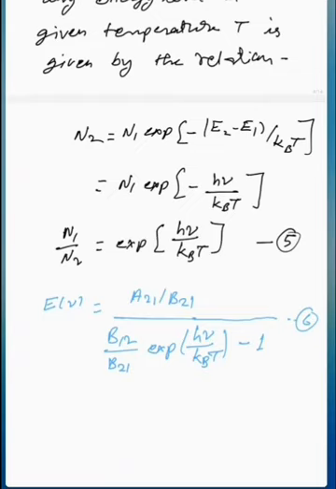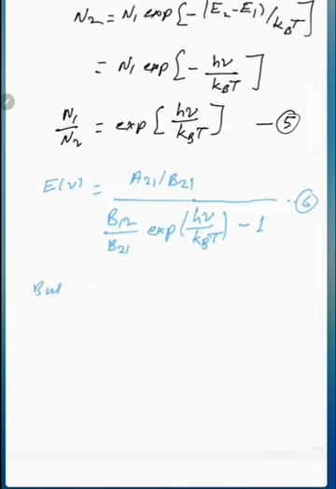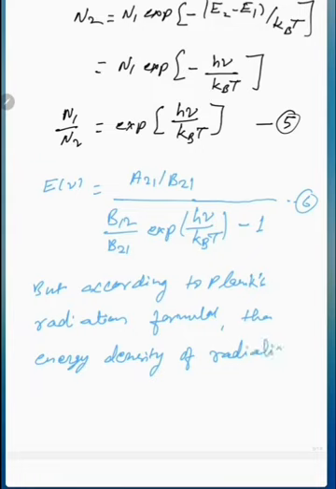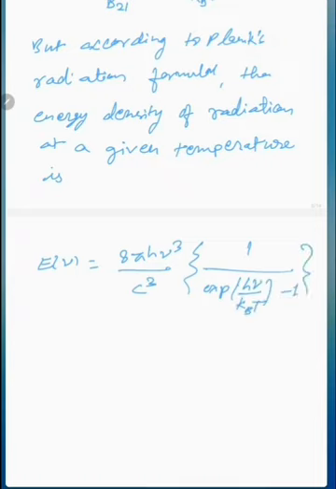And friends, as we have already known, according to Planck's radiation formula, the energy density of radiation at a given temperature is E nu is equal to 8 pi h nu cube by c cube into 1 upon exponential h nu by KBT minus 1. Suppose this is equation number 7.